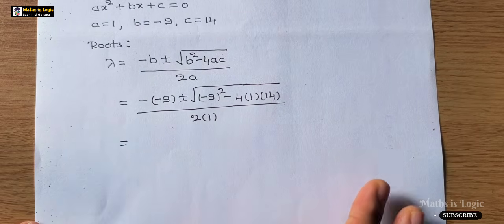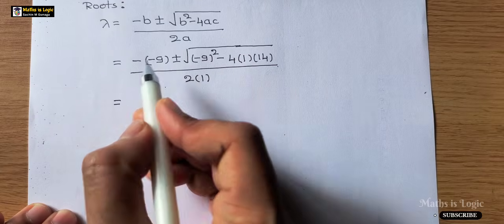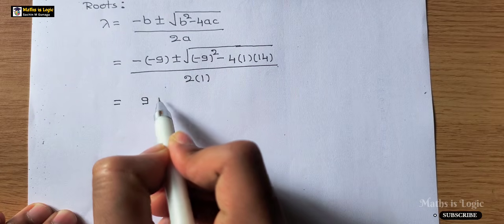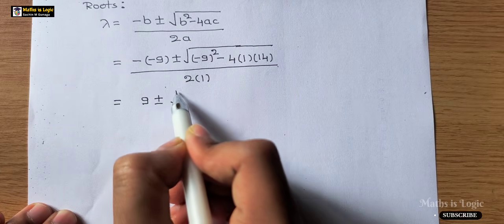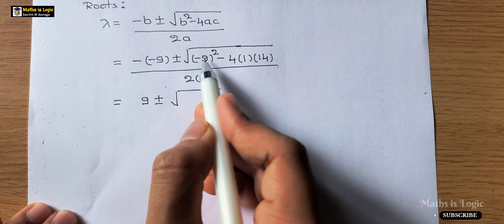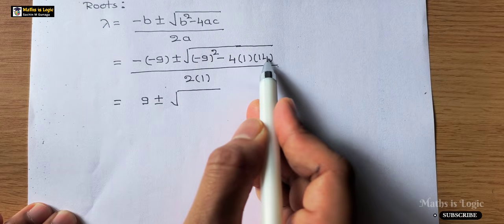Now simplify: minus into minus is plus 9, plus or minus the square root, keep it as it is.